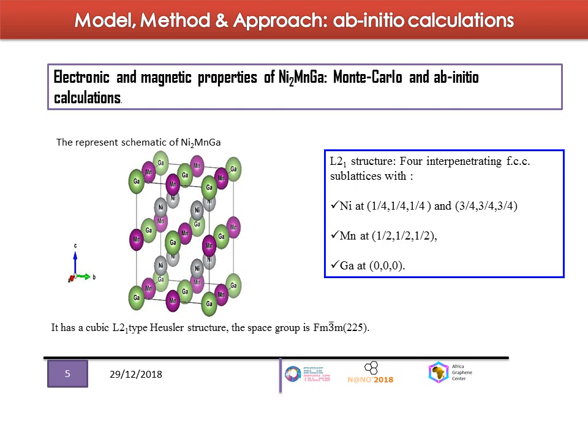This is represented as four interpenetrating face-centered cubic sublattices. The Ga and Mn atoms occupy the positions (0, 0, 0) and (1/2, 1/2, 1/2), while the Ni atoms occupy (1/4, 1/4, 1/4) and (3/4, 3/4, 3/4). This is mentioned in the figure.